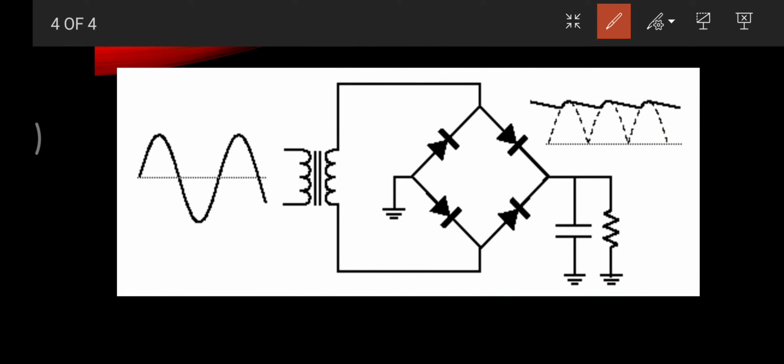So what would be the output voltage? Output voltage would be equal to V in minus 1.4 volt. So if the voltage is 12 volt, the output voltage would be around 10.4 volt at max.